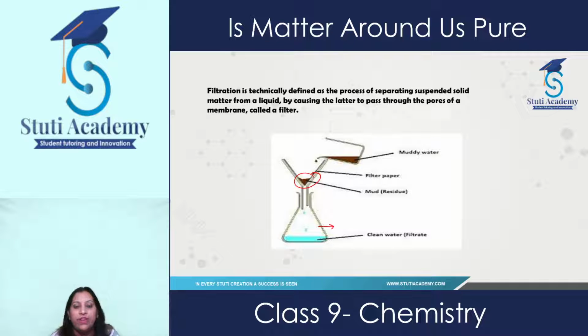Whatever is left behind on the filter paper is known as residue, and the liquid portion collected in the conical flask is known as filtrate. In this manner we can separate clean water from the mud. This process is known as the filtration process.